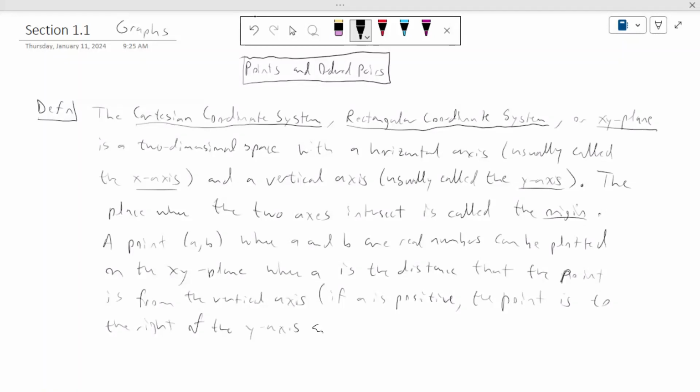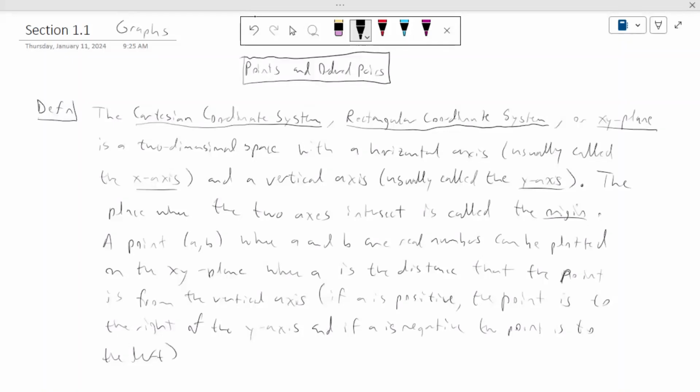And if A is negative, the point, coffee cup's getting in the way here, the point is to the left. So A is your distance away from the y-axis.